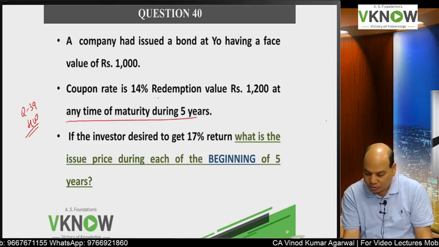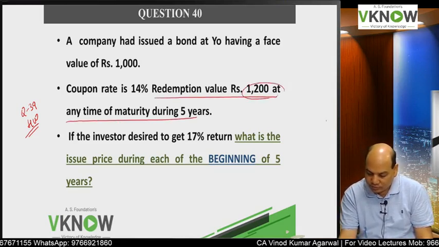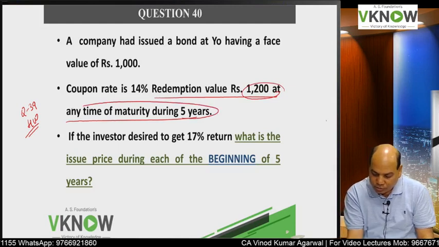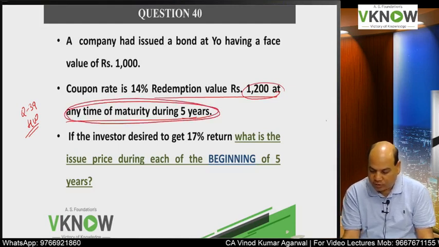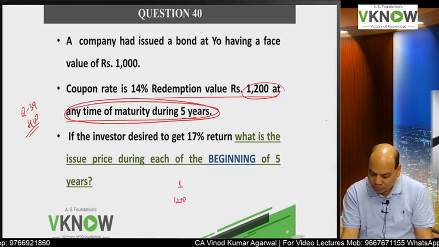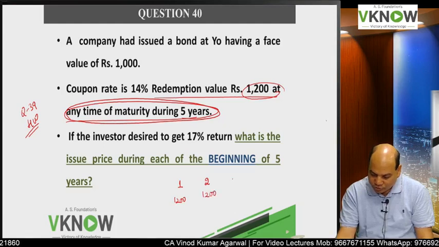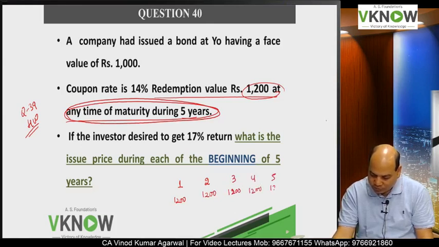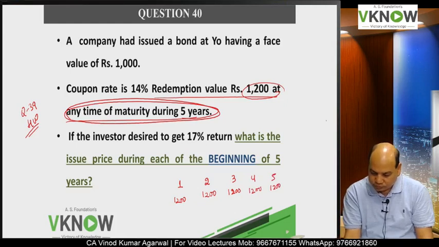So if you redeem at year 1, you will get 1200. If you redeem at year 2, year 3, year 4, or year 5, you will get 1200.